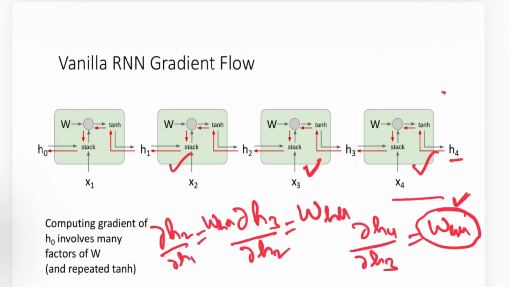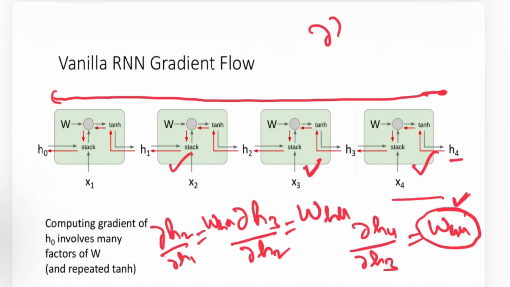Suppose you started from here and you are going back. Every time your local gradient will be multiplied with the upstream gradient, because what is your goal? Your goal is to find del H4 by del H0, the gradient of the final output with respect to the initial input.